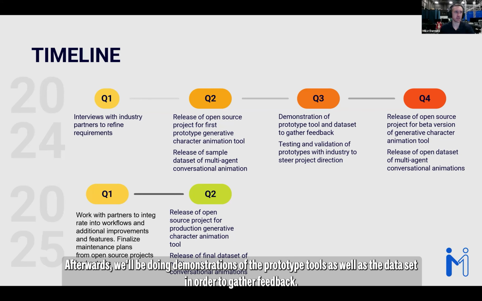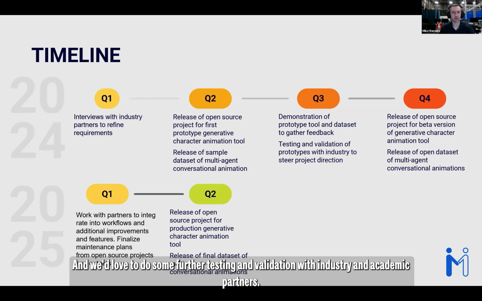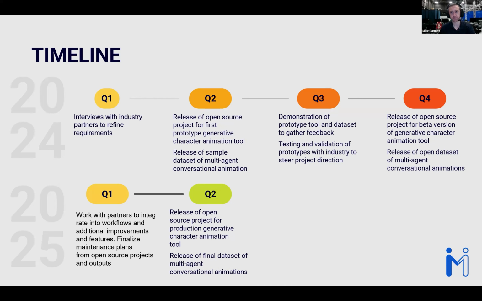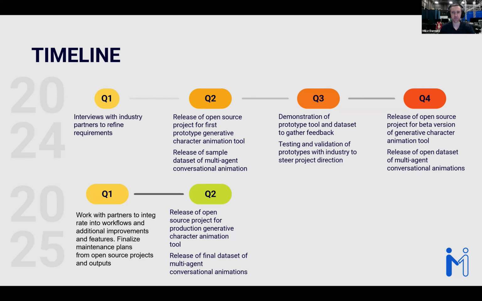Afterwards, we'll be doing demonstrations of the prototype tools as well as the dataset in order to gather feedback. And we'd love to do some further testing and validation with industry and academic partners. By the end of the year, we'll be looking to release the next major version of our generative animation tools.